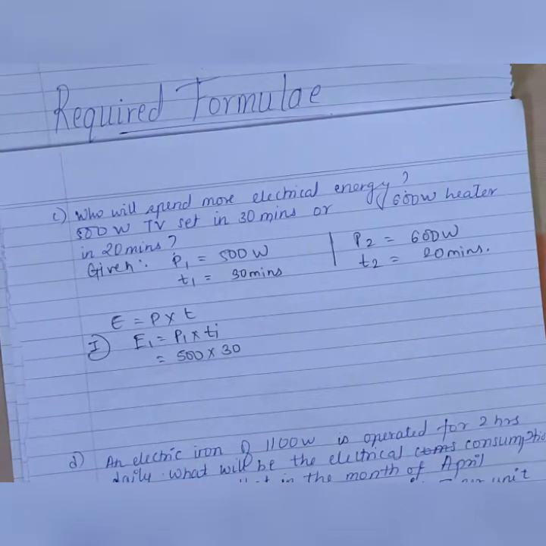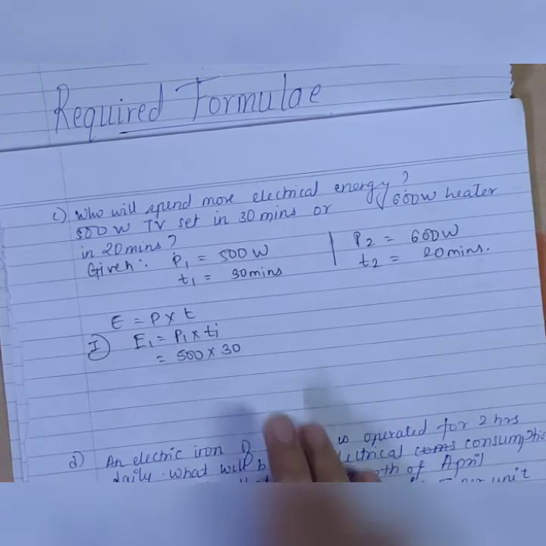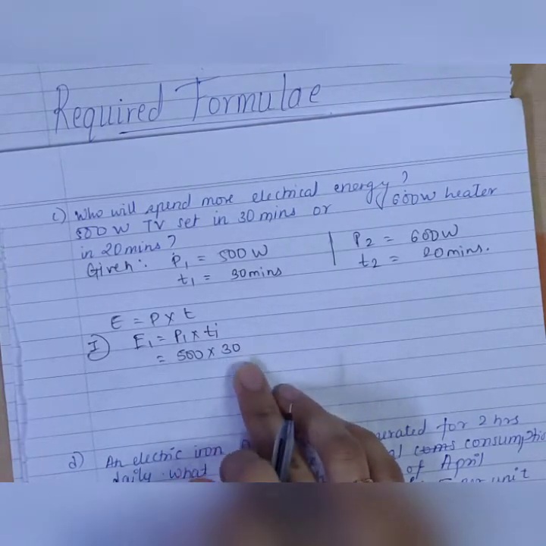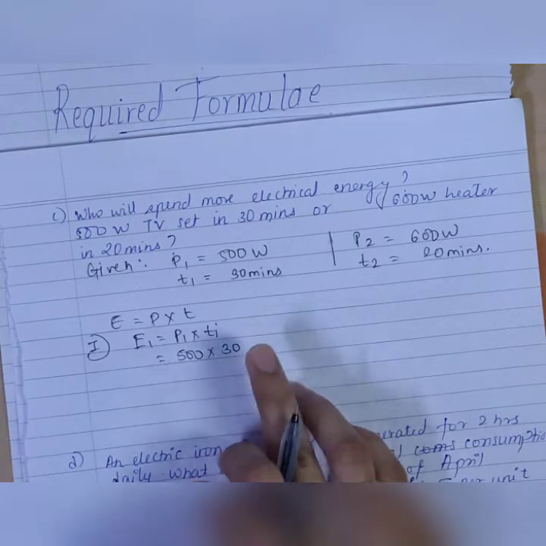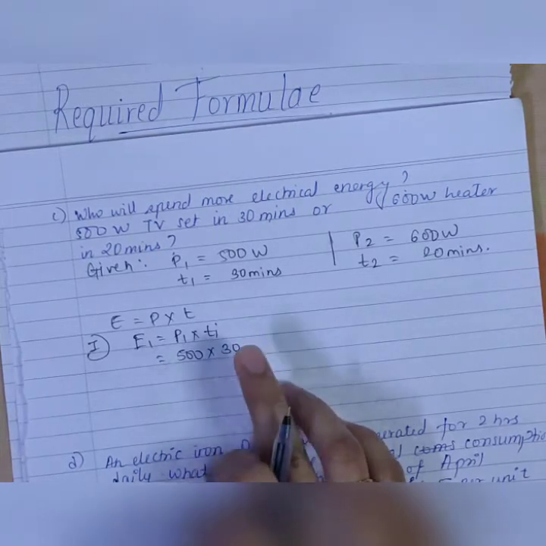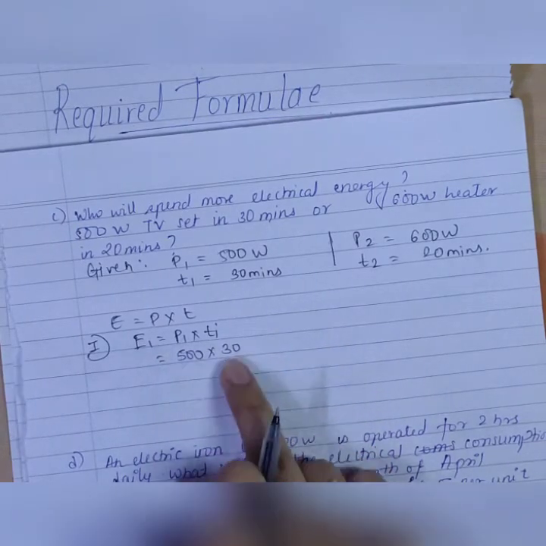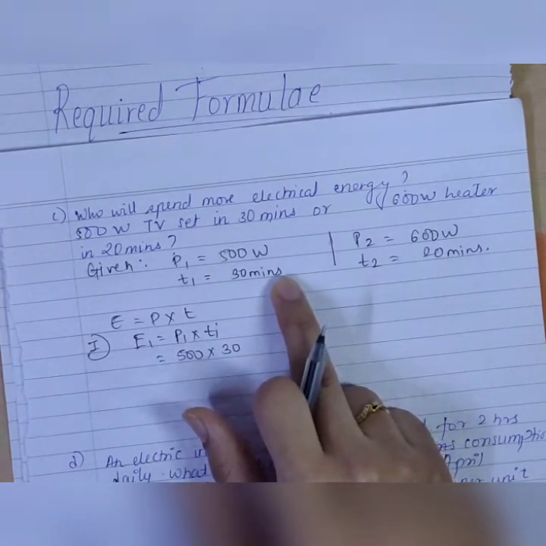Now, also always remember that whenever you calculate energy, it is in joules. Since your energy is in joules, you need to always convert it into the SI unit, and to convert it into SI units, you cannot use minutes.